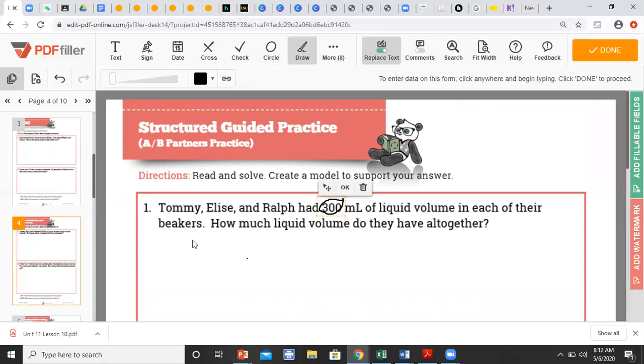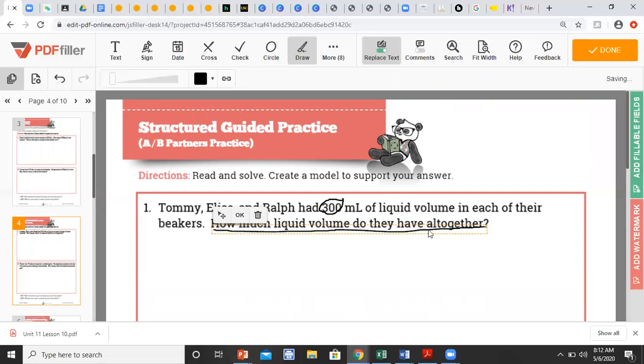What we're trying to find out is how much liquid volume they have all together. A key word here is all together, and as you know, all together tells us that we need to add.